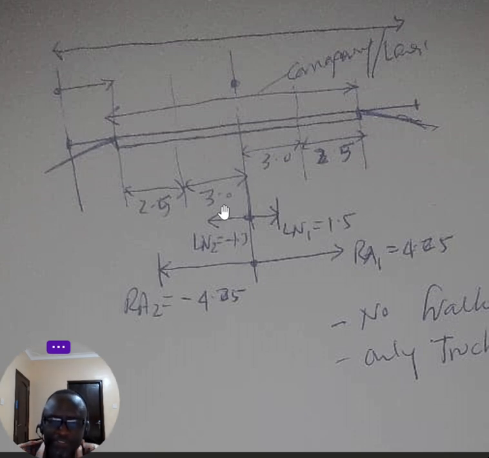Then in the negative direction, since you are measuring your lane from the center of the road, you go leftwise, and you have a negative 1.5 and a negative 4.25. If we had a raised walkway, we would get the center of the walkway on the positive side and on the negative side. But for this case, I've decided let's do only the track lane without that.